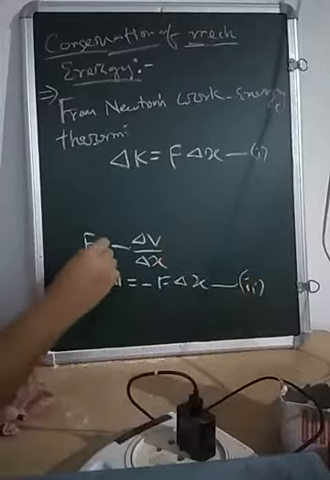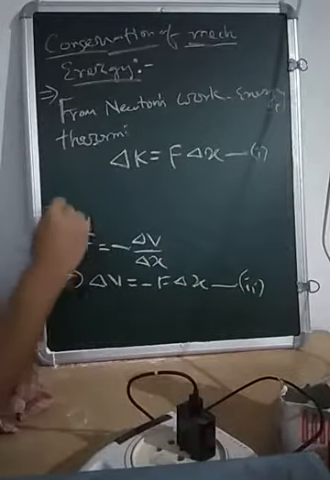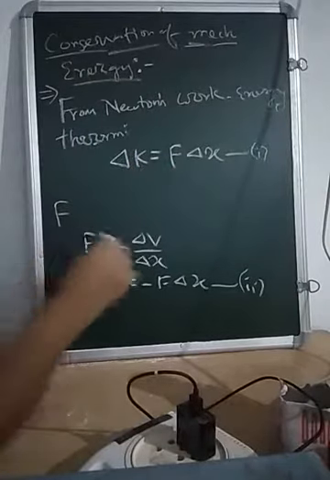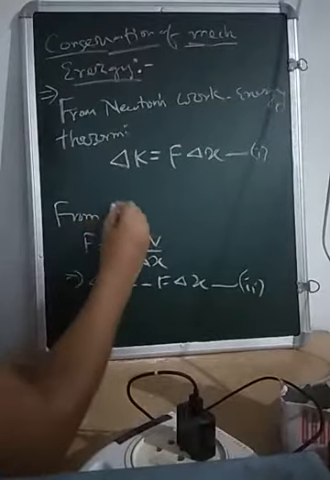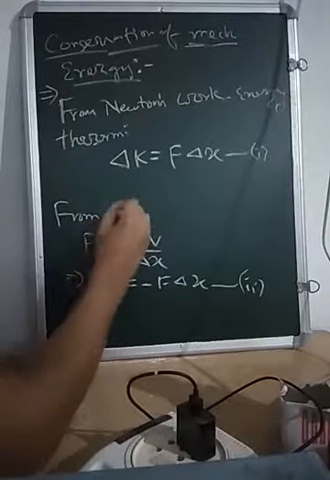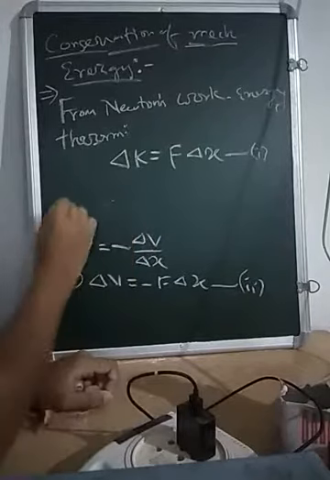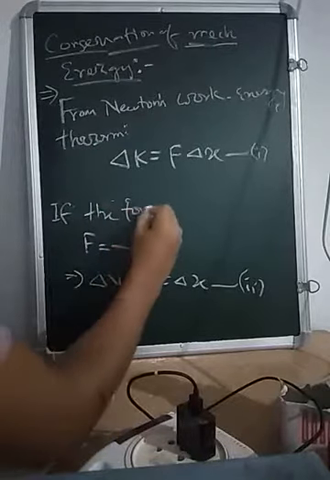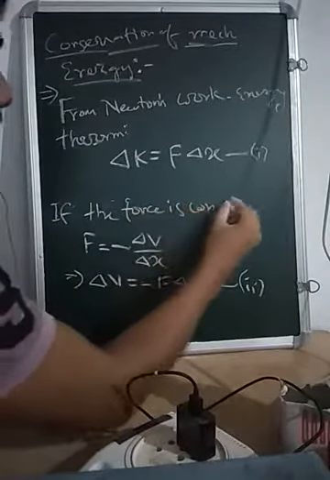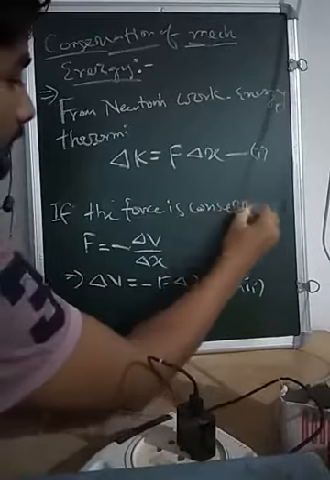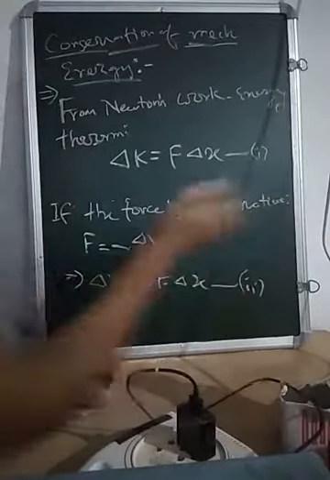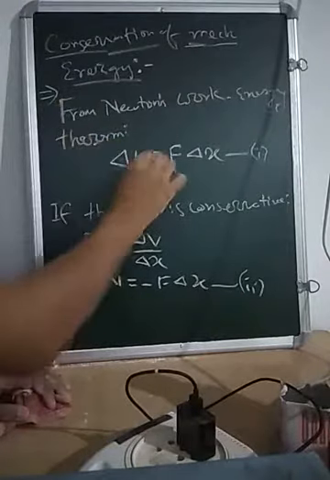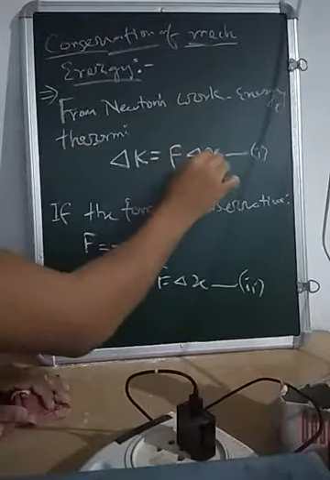From Newton's work energy theorem, delta K is equal to F del x. This is number 1.